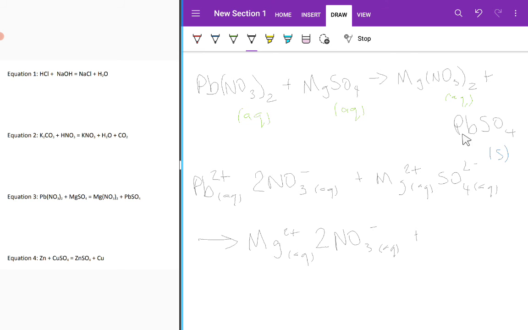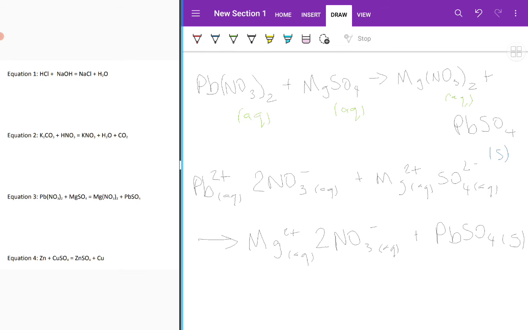And because our lead sulfate is solid, we are not going to break it up. Remember, anything that is not aqueous, we do not break it up into ions. So it's going to be just PbSO4, and we write it back in the solid state. Don't do anything to compounds that are not aqueous.